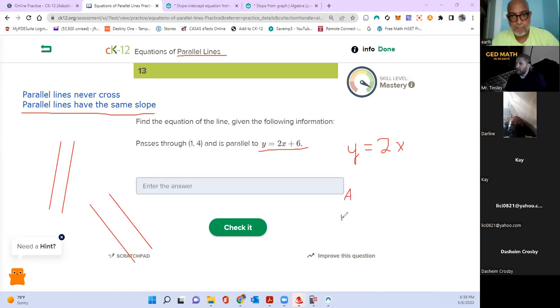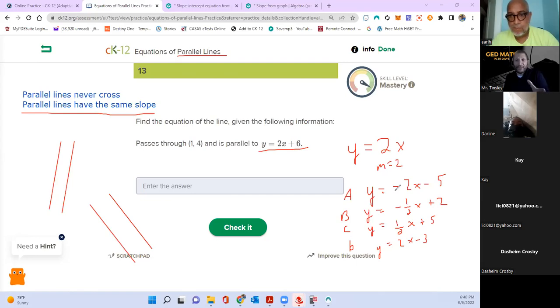If I had multiple choice, y = -2x - 5, y = -1/2 x + 2, y = 1/2 x + 5, and y = 2x - 3, what I know is the slope of this line is 2. Because parallel lines have the same slope, I'm looking for an equation that has a slope of 2. Bang, done.